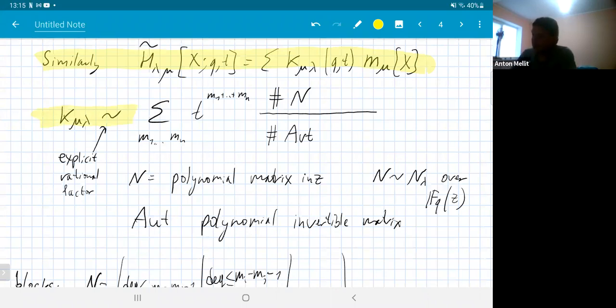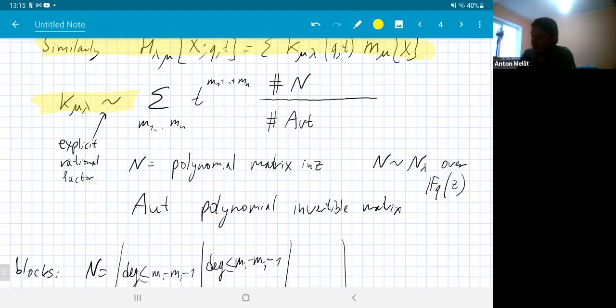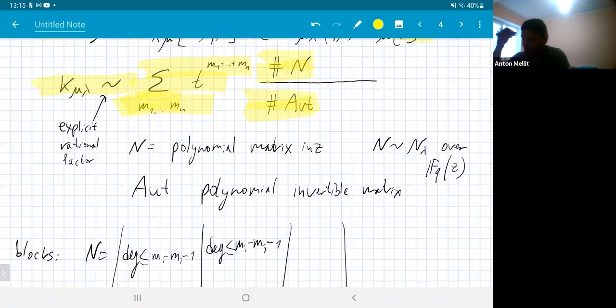Now it will be a summation over tuples m1 up to mn, and you will be counting some nilpotent matrices and dividing by the automorphisms. I'm just trying to explain this counting explicitly and combinatorially.